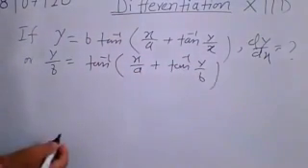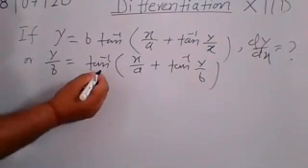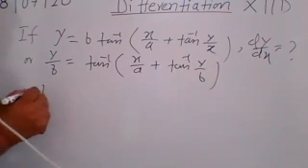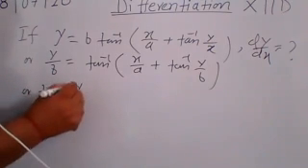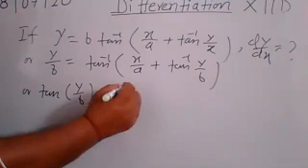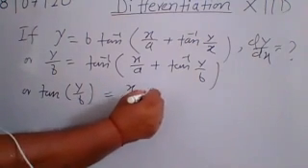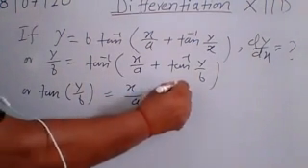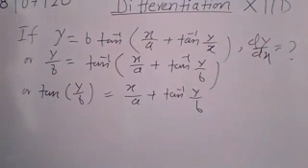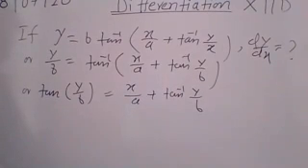Now if this tan inverse is transferred to the left side, you have tan of y by b is equal to x by a plus tan inverse y by b. Understand? So you have the expression like that.